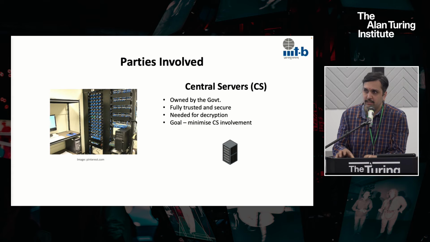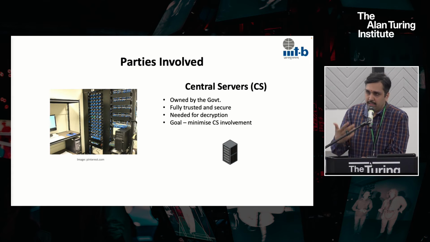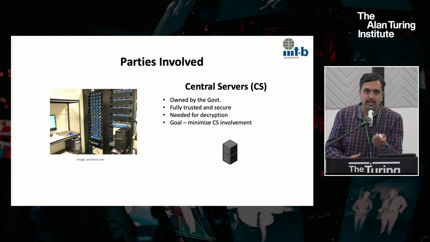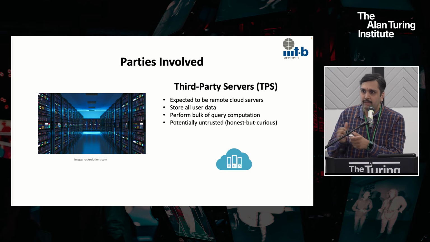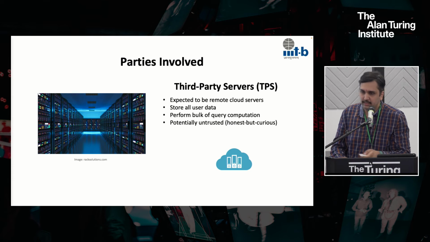Then the central server, which stores the original data: they enroll the users and securely store the demographic and biometric data. And then we have the third-party service, abbreviated TPS. They host the encrypted data securely and perform the matching on the ciphertext.